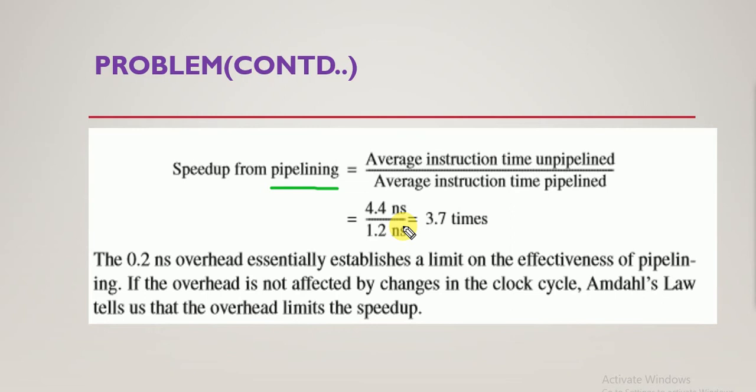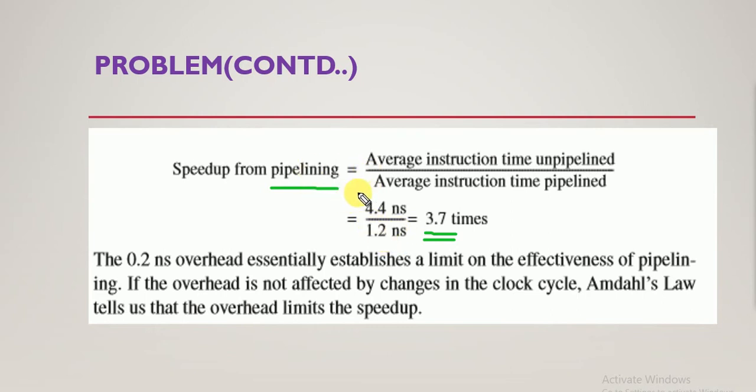So that 1 nanosecond plus 0.2 as additional time for the delay. So 1.2 nanoseconds is the instruction time for a pipelined machine, which gives 4.4 divided by 1.2, that is 3.7, the value we get as the speedup due to pipeline.